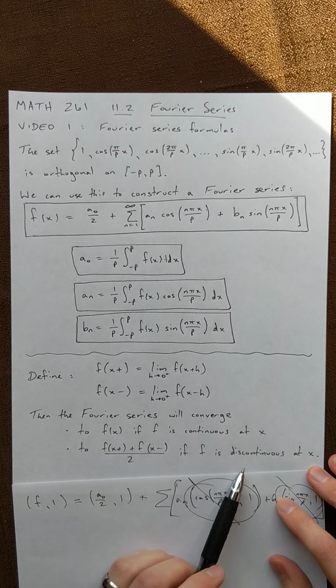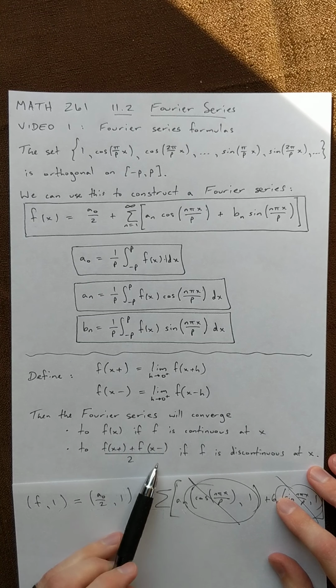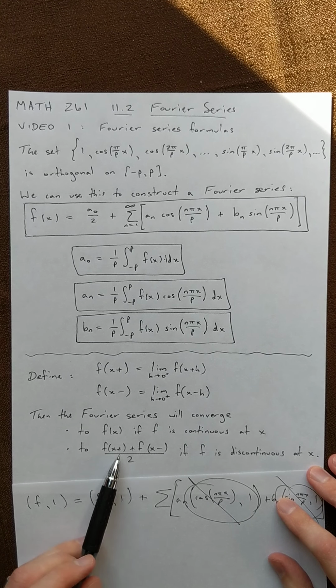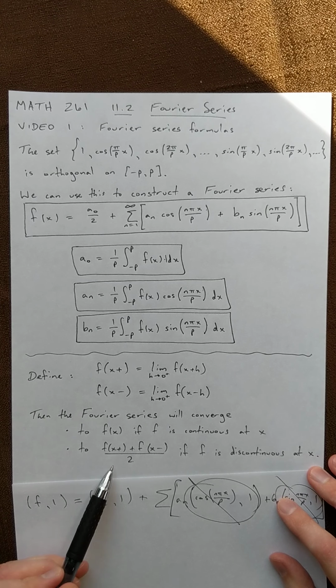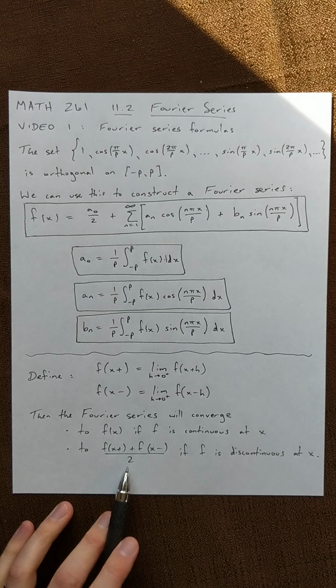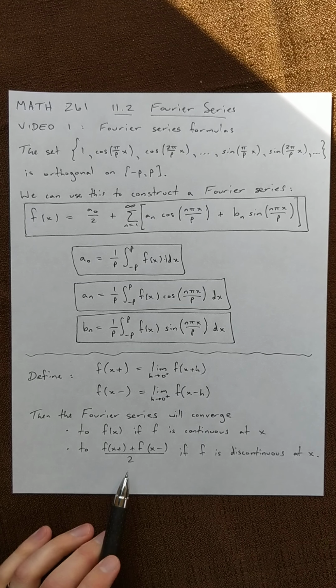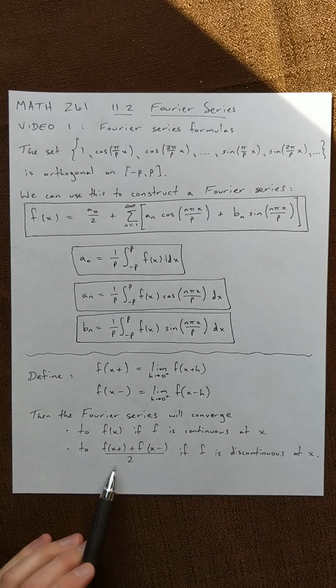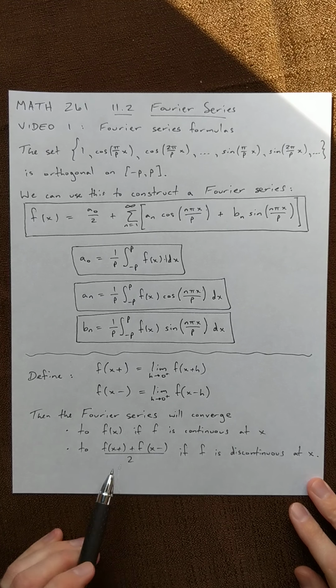If f is not continuous, it's actually going to converge to this weird thing, f of x plus plus f of x minus, which is your limit from the right plus your limit from the left, and then we take an average of those two numbers. So this is a little complicated. I'm not going to try and explain this in this video. In a future video, I'm going to show you the graph and what the significance of this is.